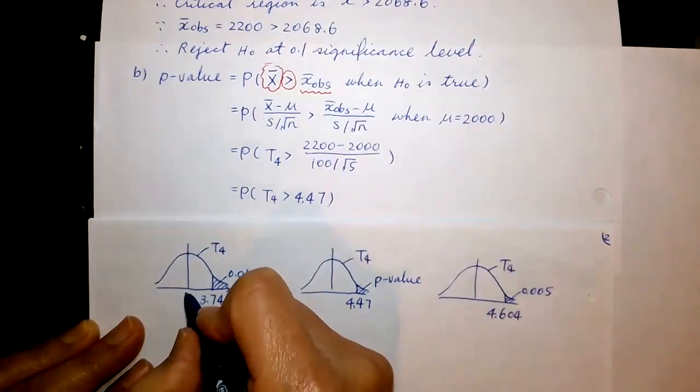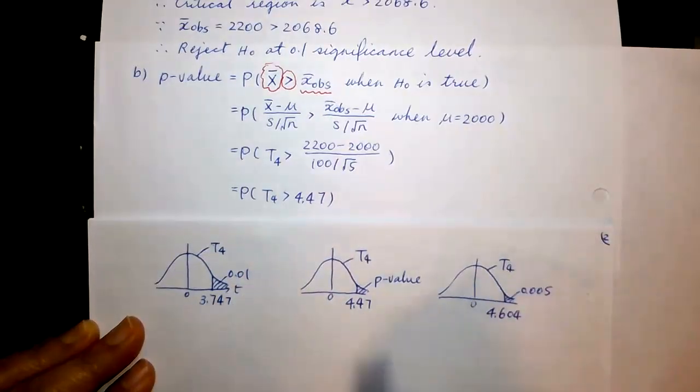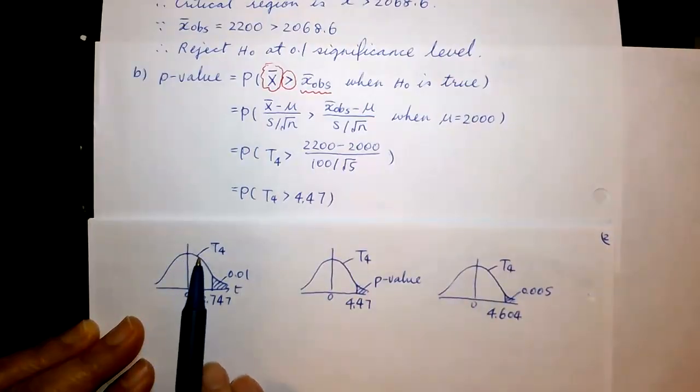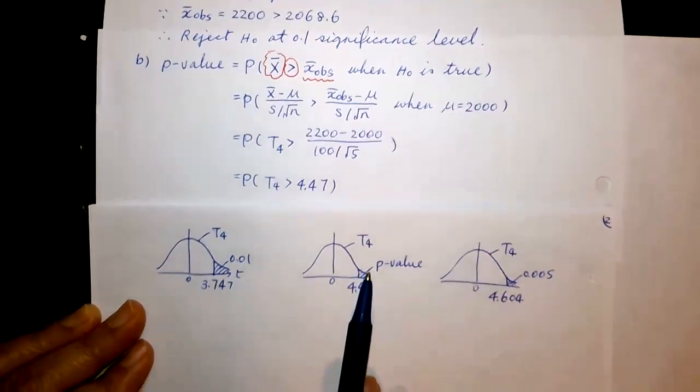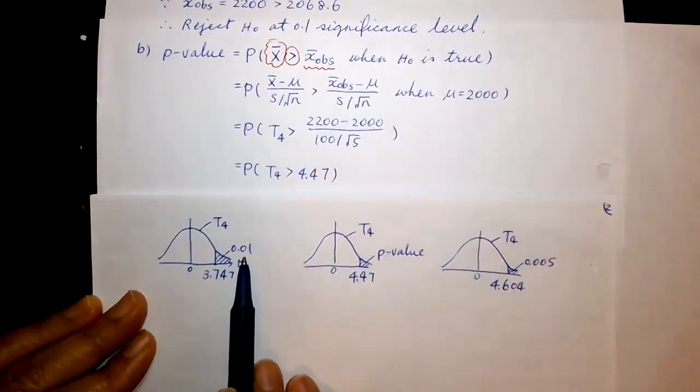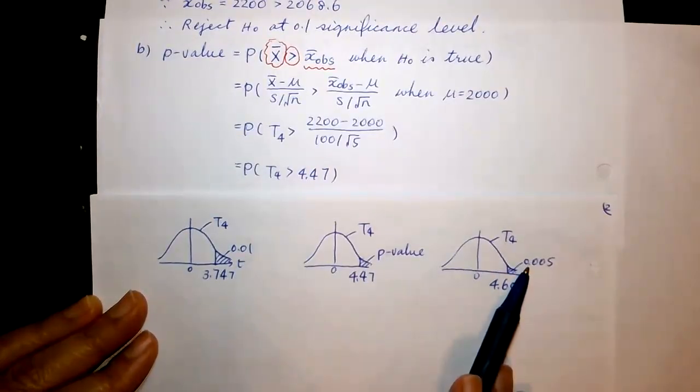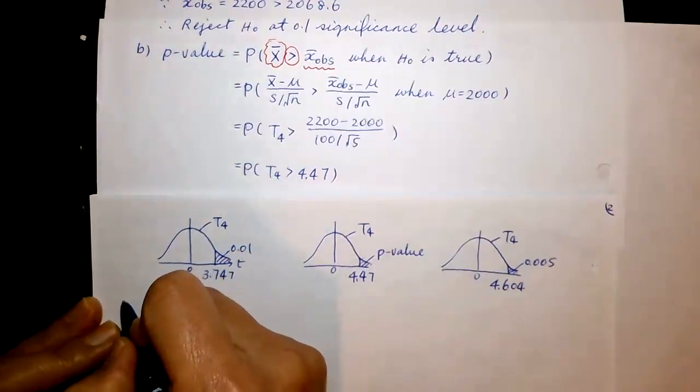Since the trend, of course, this line in the middle is 0, so we are looking at the positive t-values. Since the trend is declining, so it's a decreasing line, as the t-values go up, from 3.7, 4, as they go up, the shaded area of the right tail would go down. That's why the p-value must be less than this and greater than that.